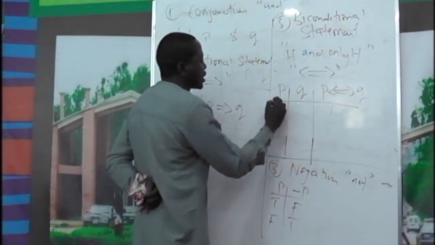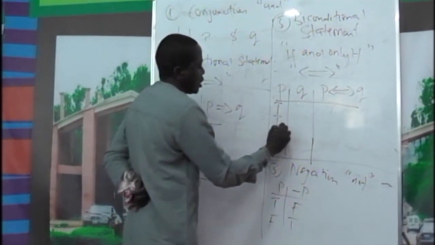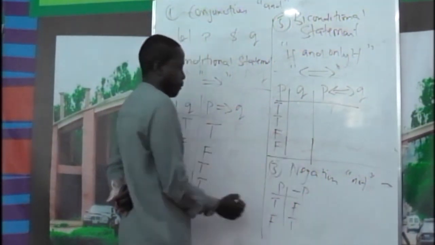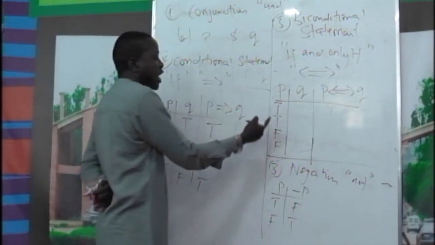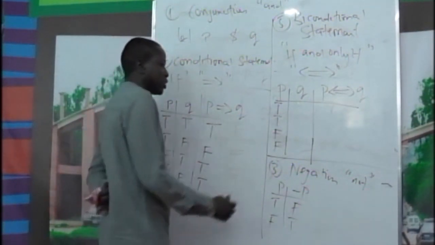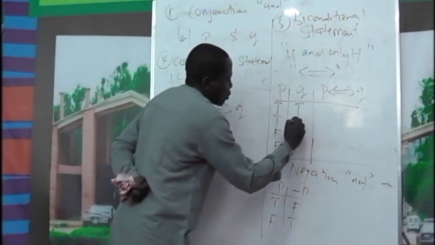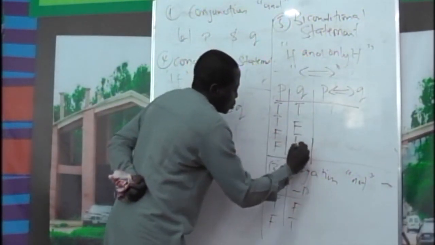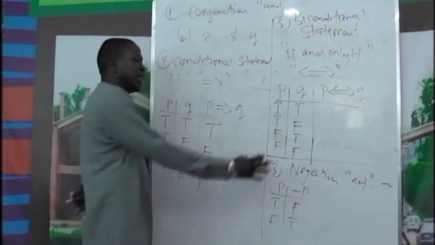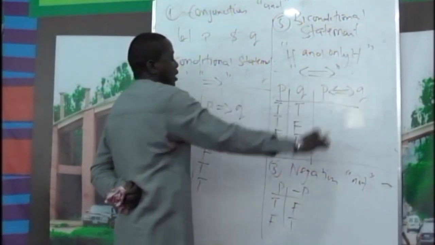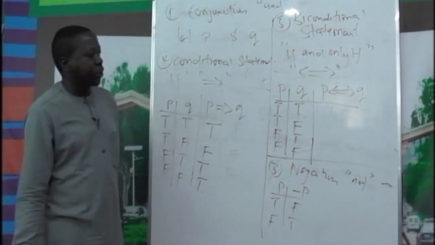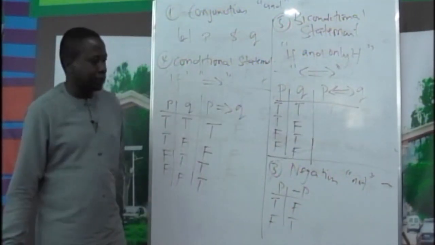Here we have true statement T, T, F, F. Remember I told you T stands for true statement and F stands for false statement. The next one we have true, false, true, false. These two statements are like that. So now we have to find P if and only if Q. Biconditional.